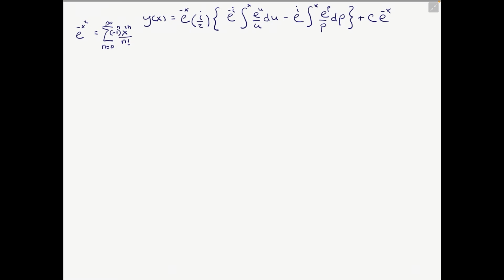We'll do something like that with e to the x. So e to the u is equal to some infinite series. This is a Taylor series.